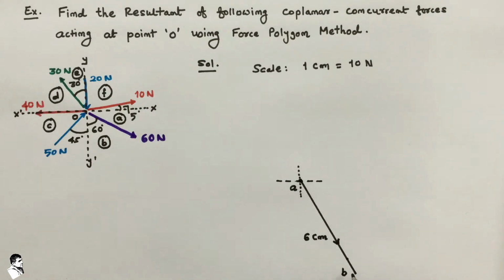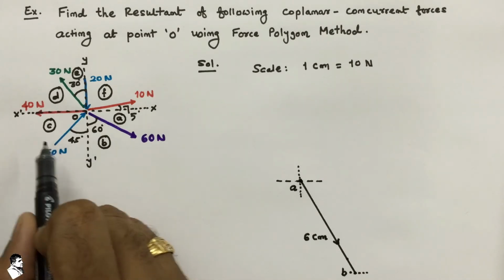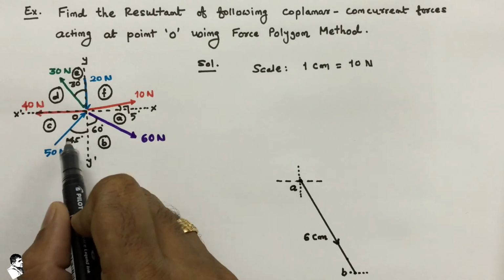Again we plot a small horizontal line here to take the appropriate angle. Now we start from B, so it is B to C, which is a 50 Newton force.